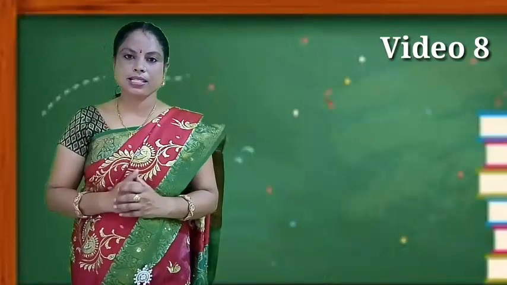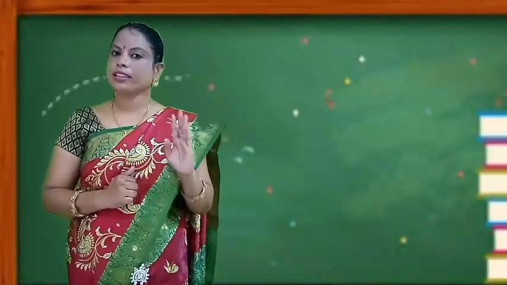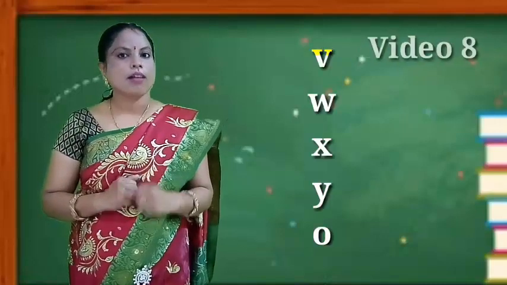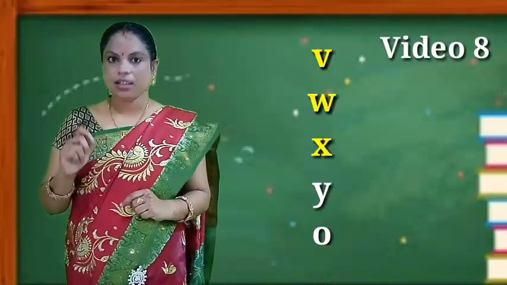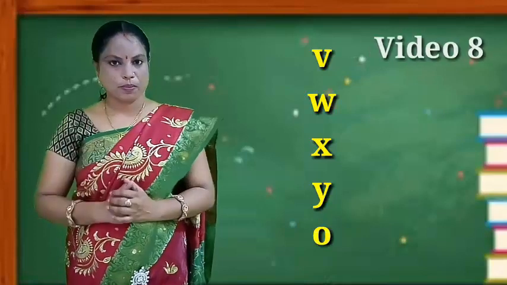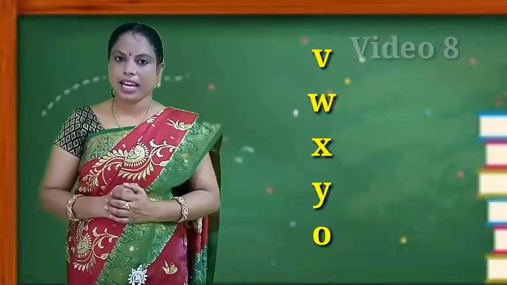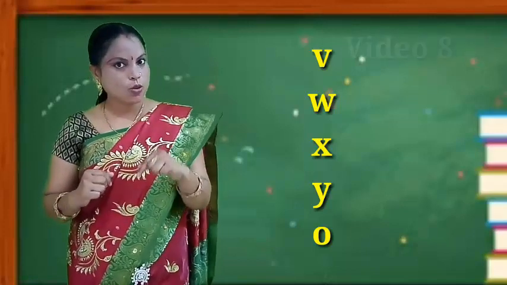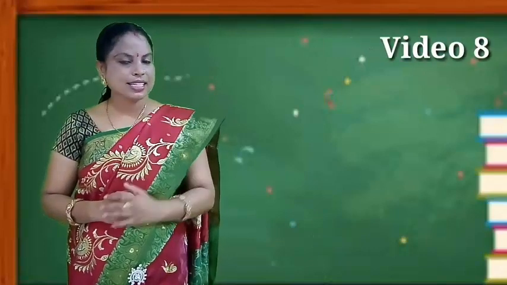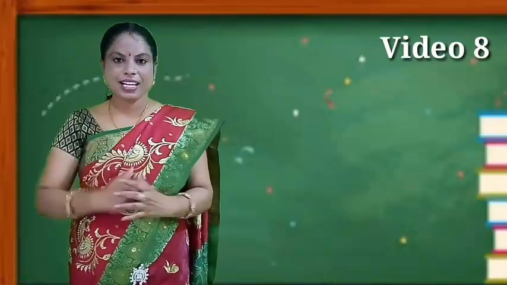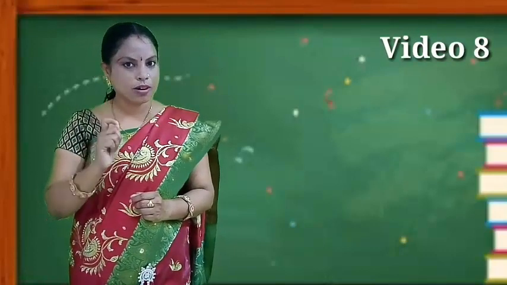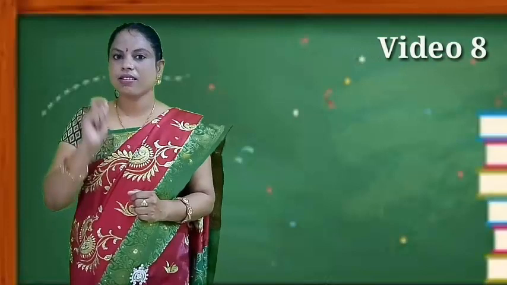In the last video, number 7, we learned the 4th cluster having the sounds V, W, X, Y and J. In this video, number 8, we are going to read the words having these sounds along with the earlier sounds too. After watching this video, there is an exercise for you. Please try to form meaningful words with the help of the learned sounds.